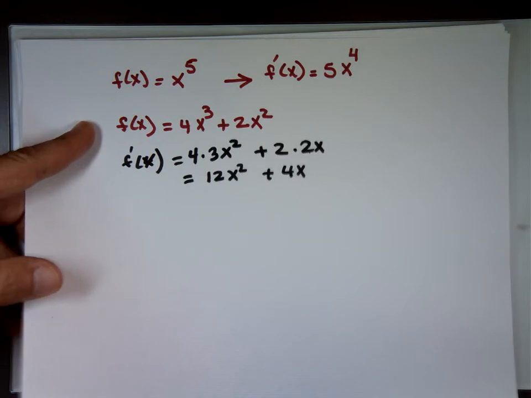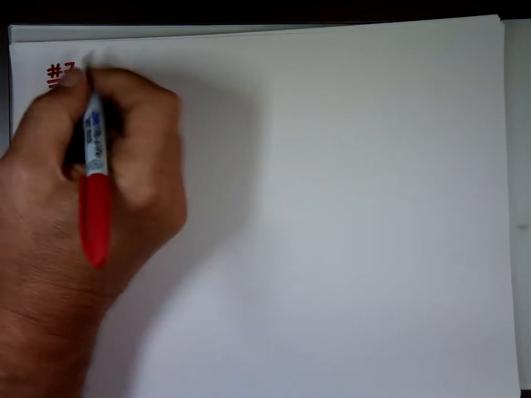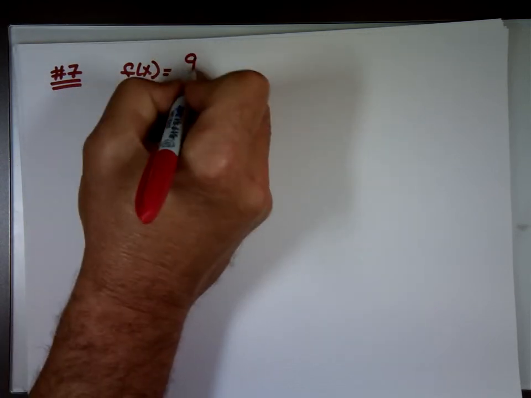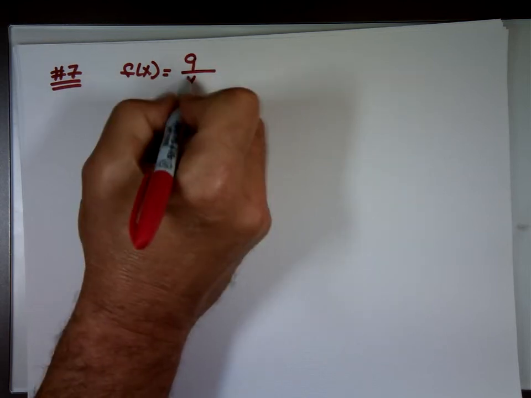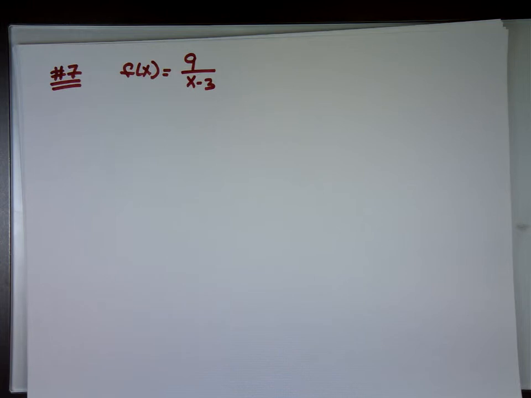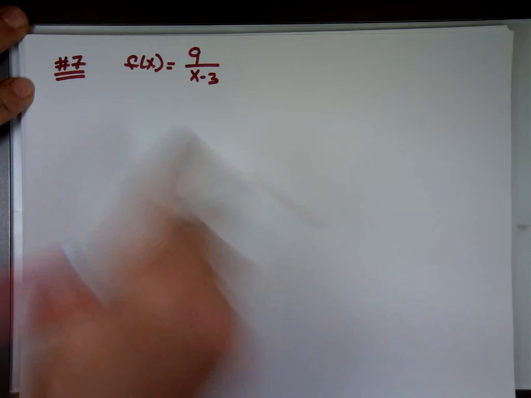Number 7 is f of x equals 9 over x minus 3. You can't write that as x to the power of something. So the shortcut I showed you does not work here. We have a shortcut, but it's not that quick. It might be about 6 or 7 steps to do this, but that's not till later.